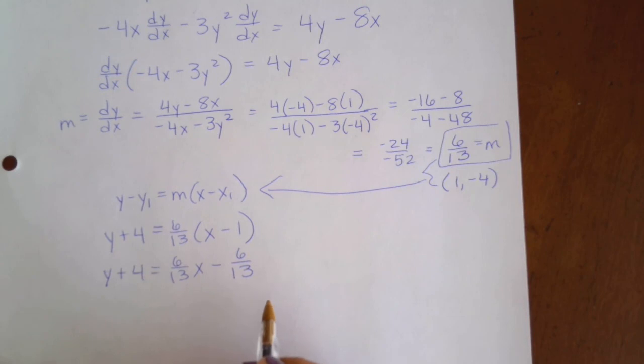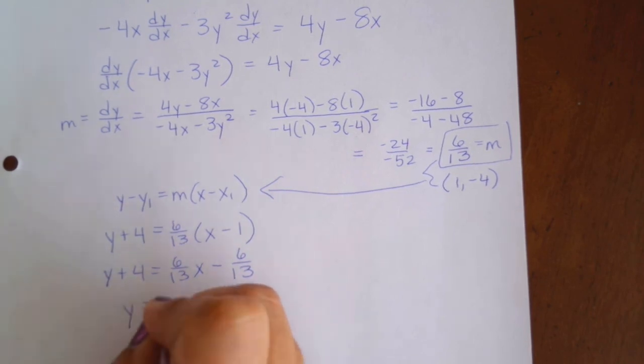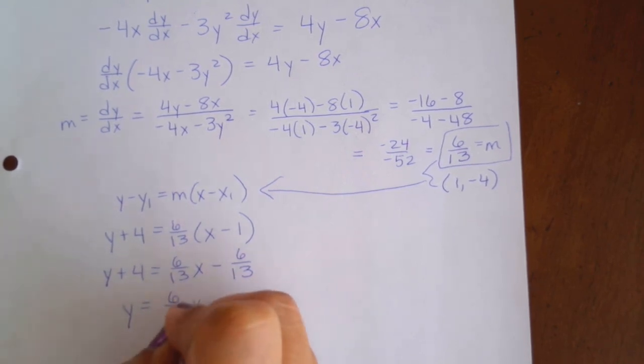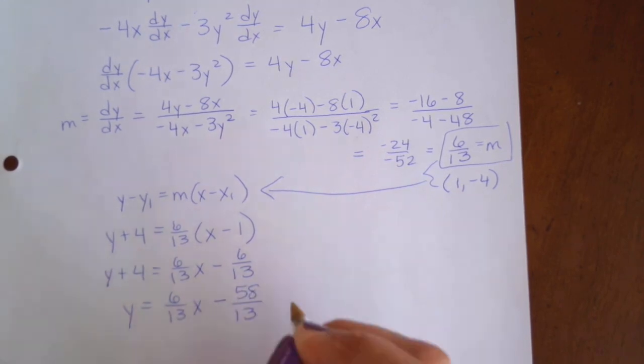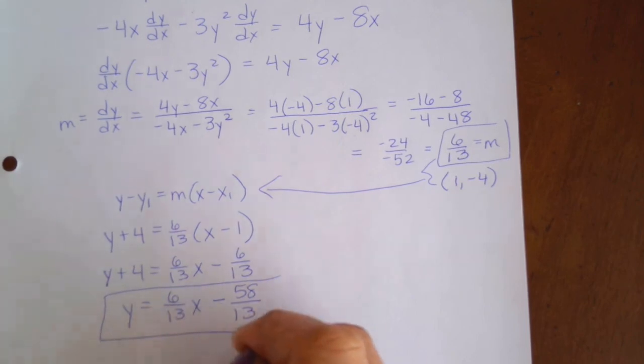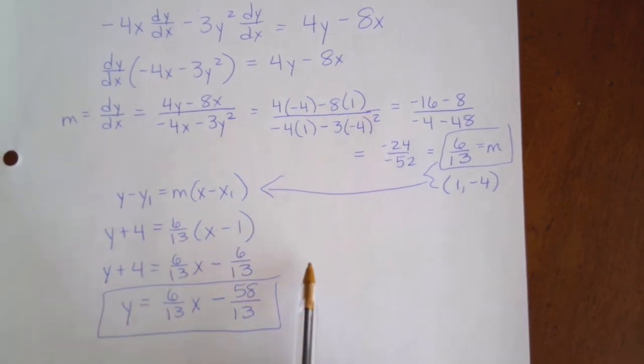Subtract 4 from both sides. If you subtract 4 with 13, that'd be 52 over 13 and 6. So we end up with 6/13 x minus 58/13. And again, use your calculators: negative 6/13 minus 4. That'll give you that. Change it back to a fraction.